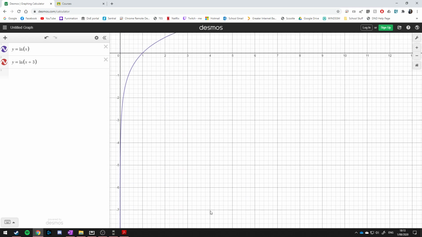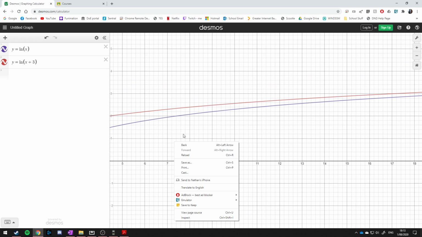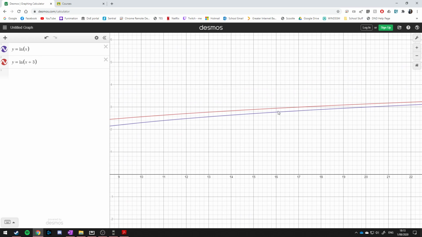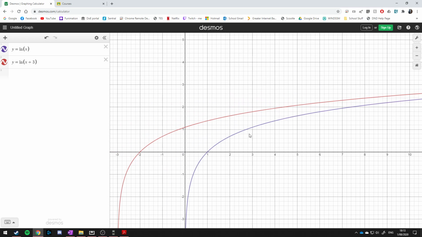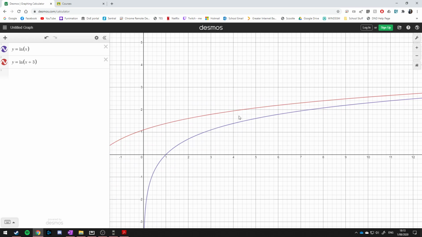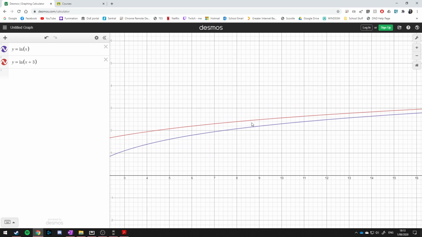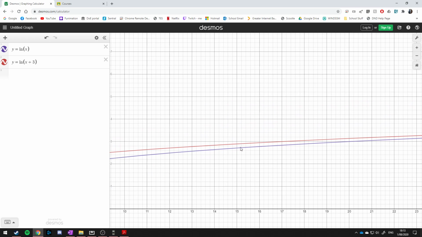Not quite, but they almost are. It's going to look closer and closer, but there should still be that distance. Remember, we're looking at the horizontal distance now, not the vertical distance, and the horizontal distance all the way through will still be equal to 3. So it's always equal to 3.